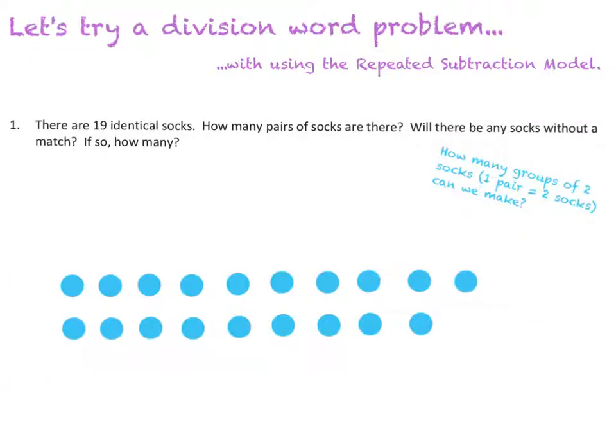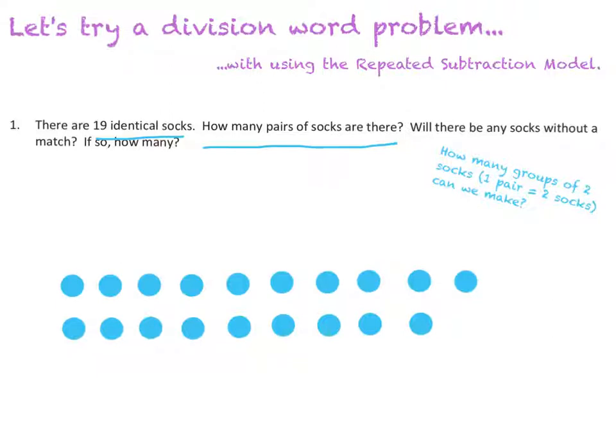All right, let's go ahead and try a division word problem, but we're going to use the repeated subtraction model. So in our division word problem, there are 19 identical socks, and we want to know how many pairs of socks are there.